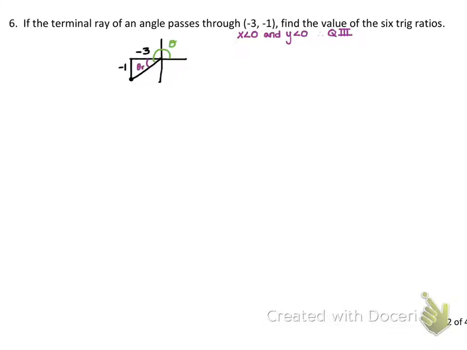Okay, so our first step is to find the hypotenuse, and in doing that, we're going to use the Pythagorean theorem. All right, so again, the square root of negative 3 squared plus negative 1 squared, which gives us the square root of 10, which can't be simplified. So we know our hypotenuse is the square root of 10.